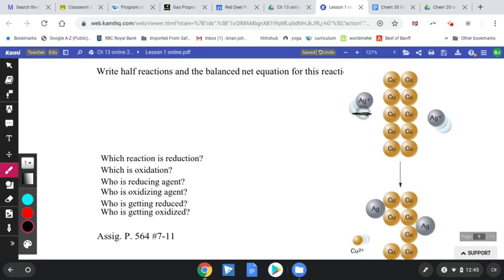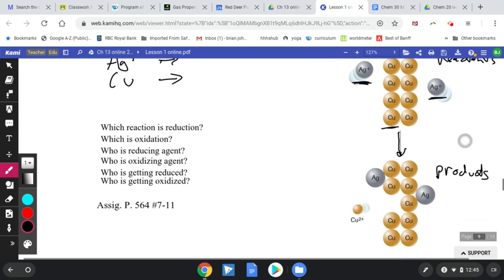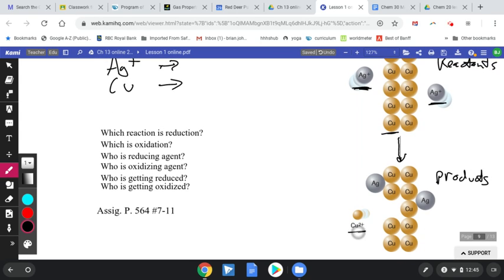So you've got Ag plus ions and copper solid as our reactants. So I'm just going to write those out. Ag plus and copper as the reactants. And down here in our products, we are getting copper 2 plus and Ag solid.